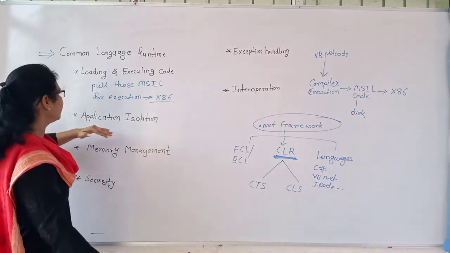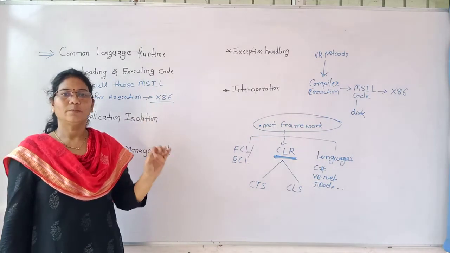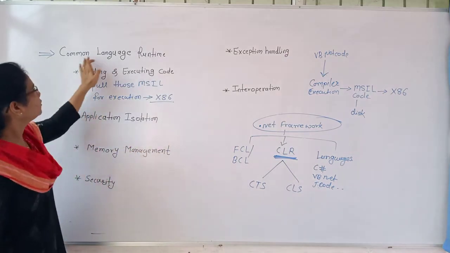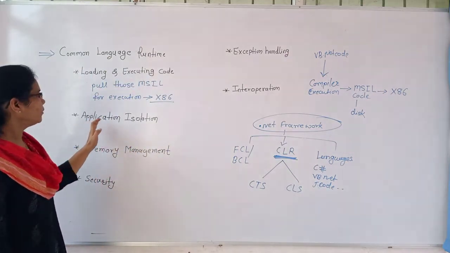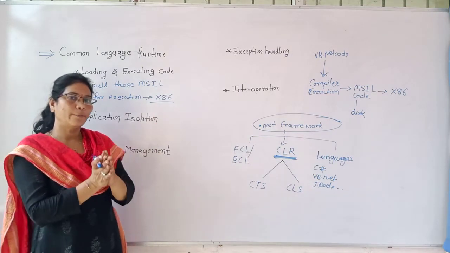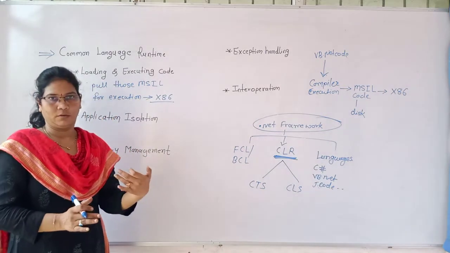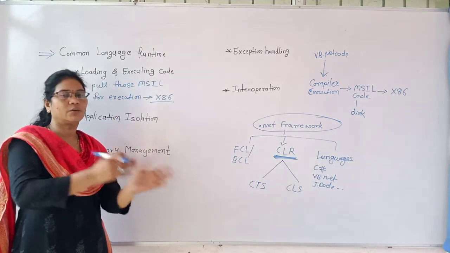Next one is application isolation. This is another best functionality provided by the Common Language Runtime. Application isolation is separating the code or program from the stack. Which stack? The execution stack.